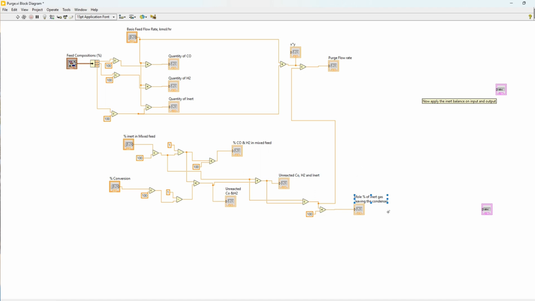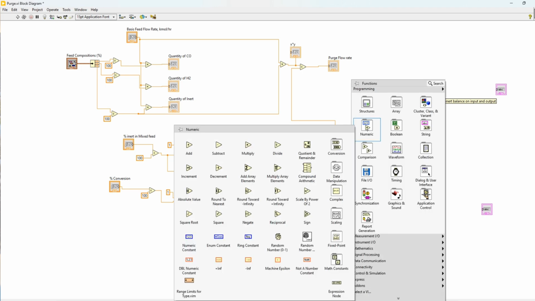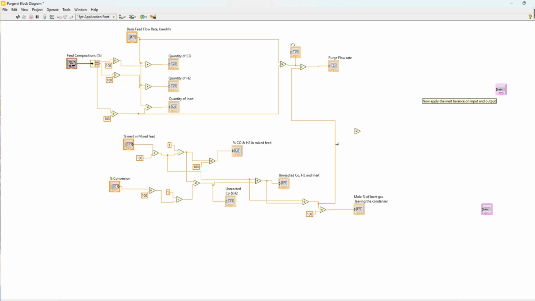So we have the gas leaving, it is this one. So what we have to do is multiply.